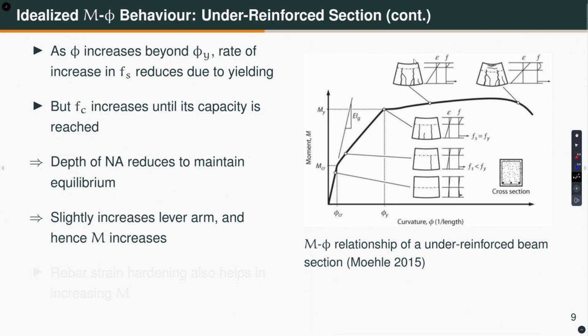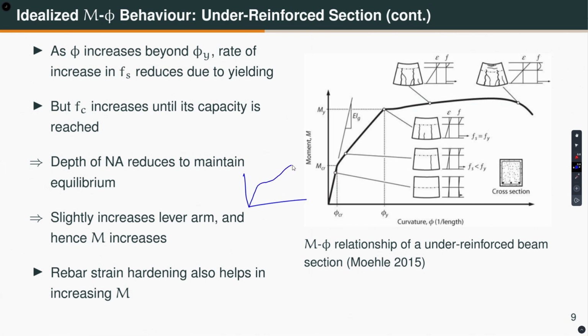So when the neutral axis depth reduces, the lever arm actually increases slightly. Hence, there is a small increase in the moment capacity. At the same time, you may be reaching the strain hardening part of the rebar. So you may be going here. So the moment capacity will slowly increase, right?